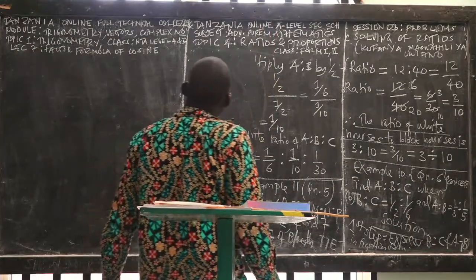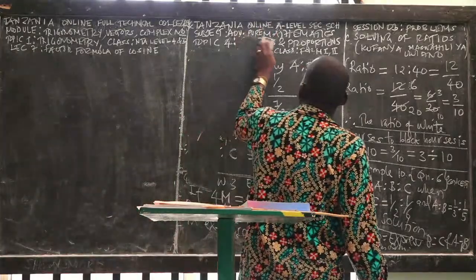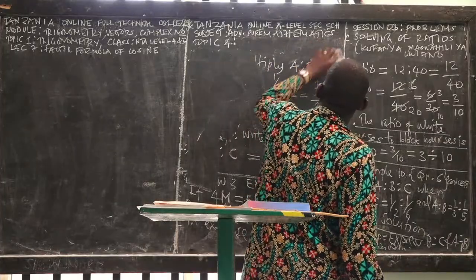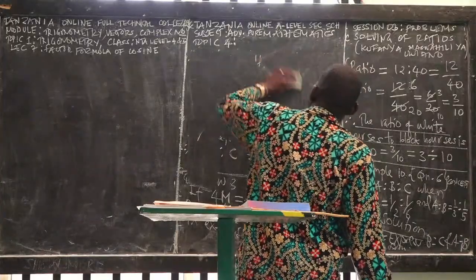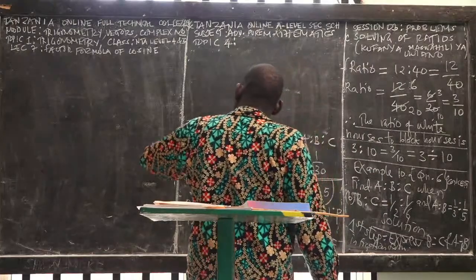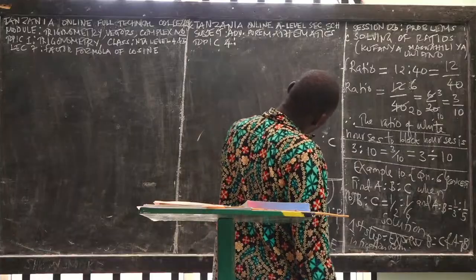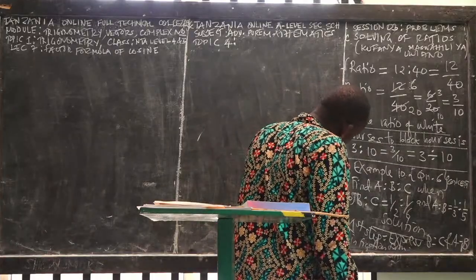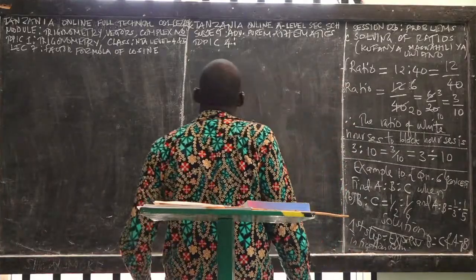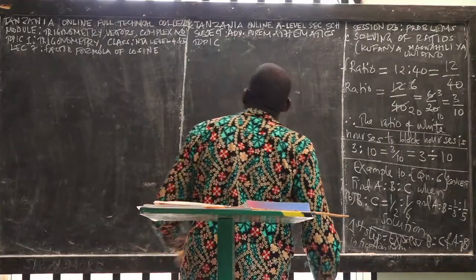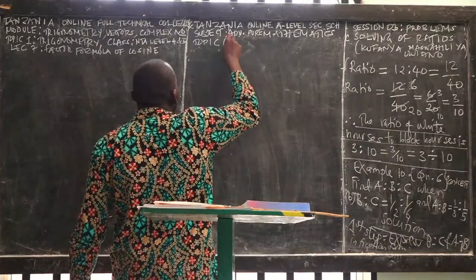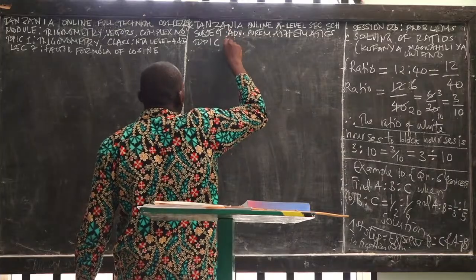The topic of trigonometry is chapter 6 in advanced pure mathematics for Form 5.